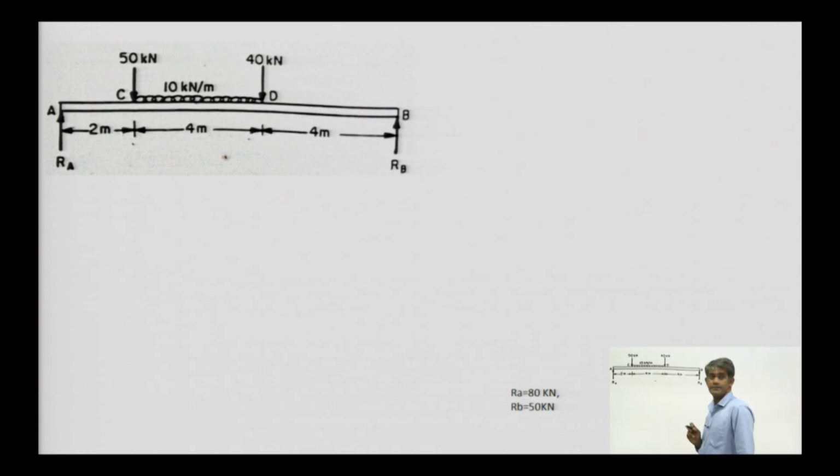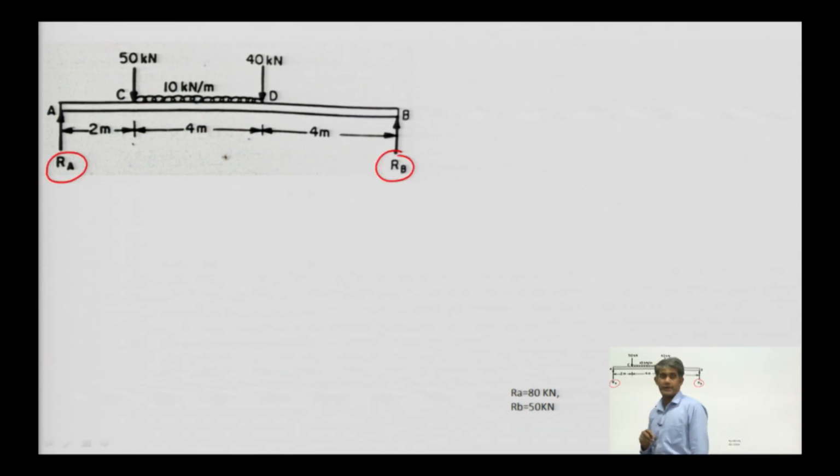In this question, we need to find the value of R A and the value of R B. Two point loads, 50 kilonewton and 40 kilonewton, are acting at points C and D. Point C is at 2 meter distance from A and point D is 4 meter distance from point B, and in between C and D for length 4 meter, UDL of intensity 10 kilonewton per meter is acting.